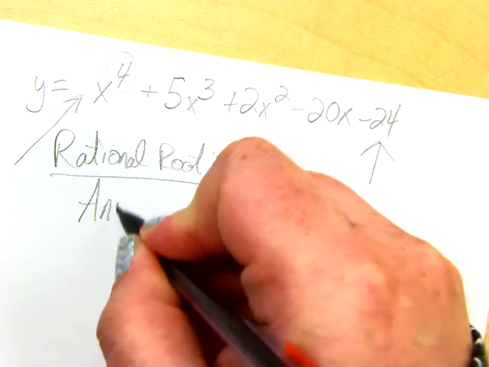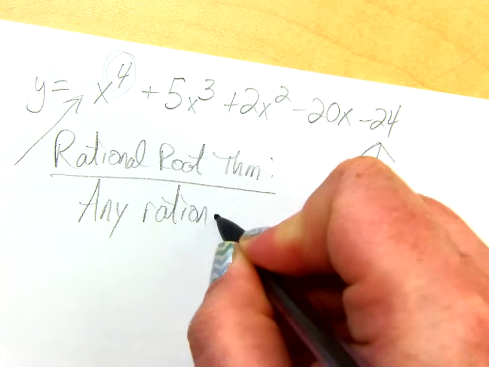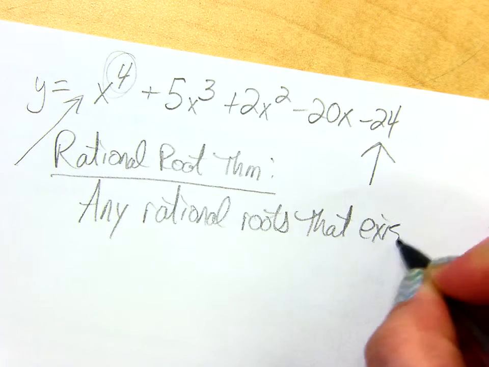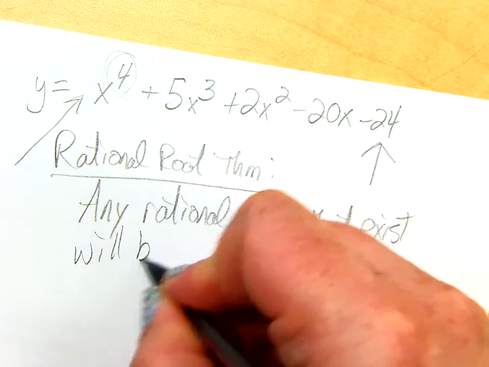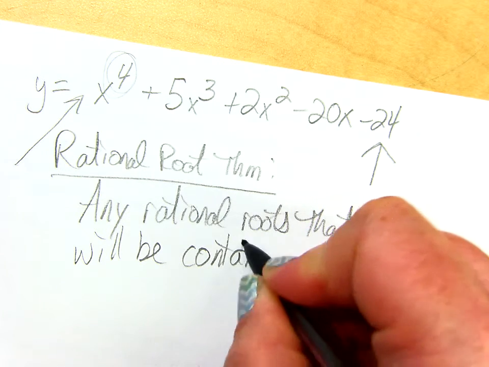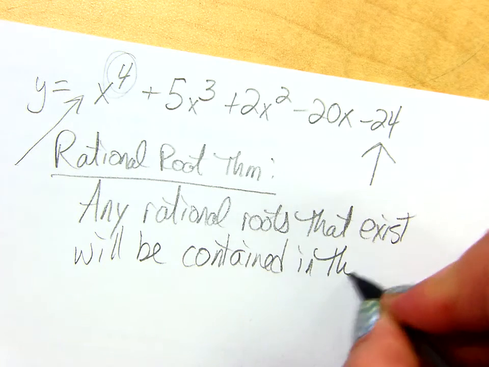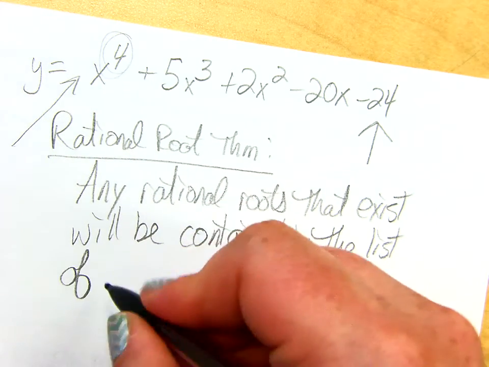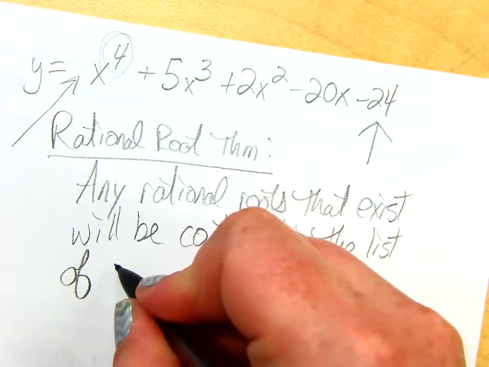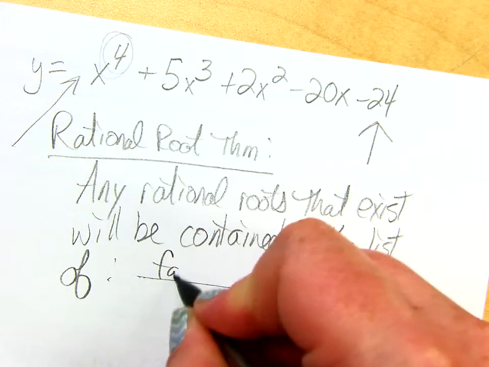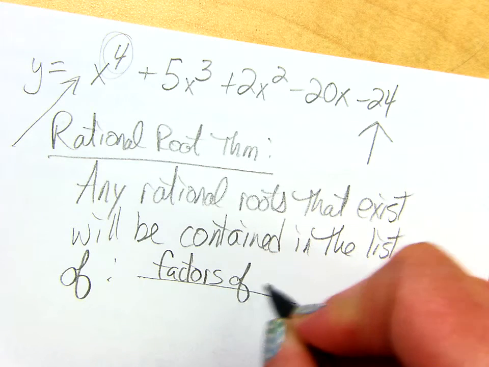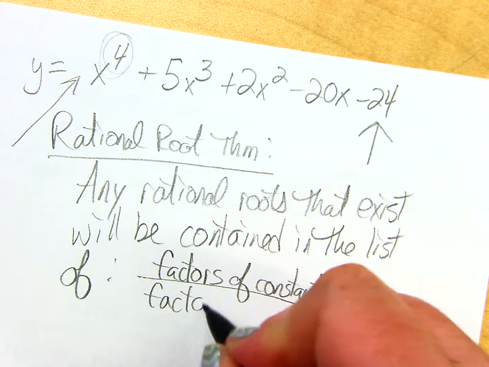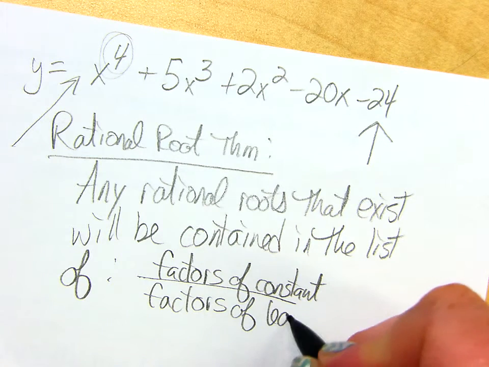Okay? So, any rational roots that exist will be contained in the list of factors of the constant divided by factors of the leading coefficient.